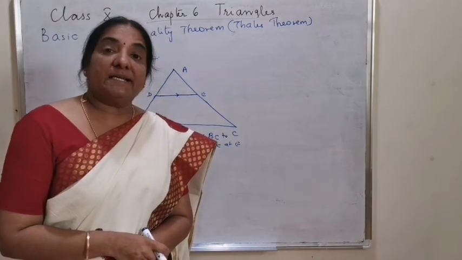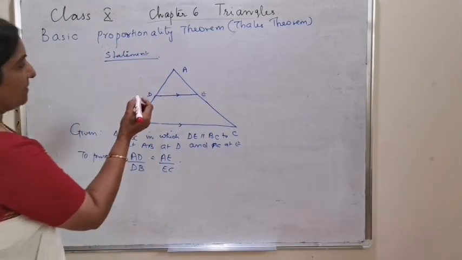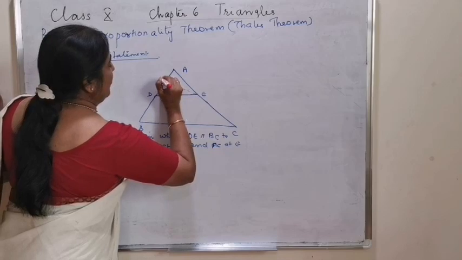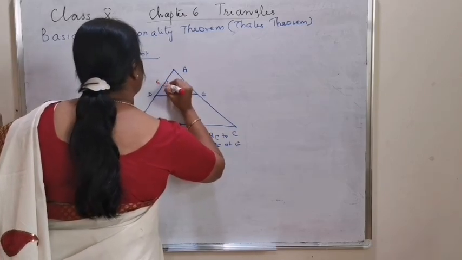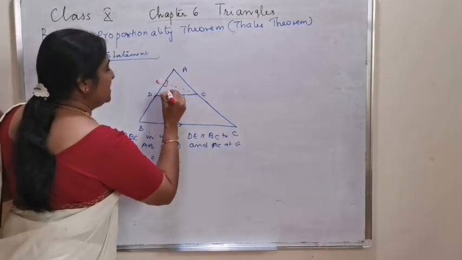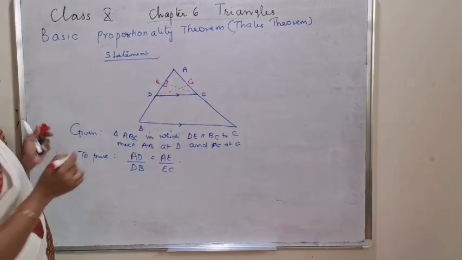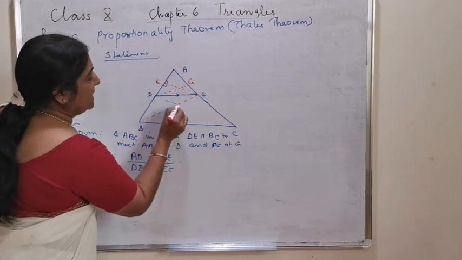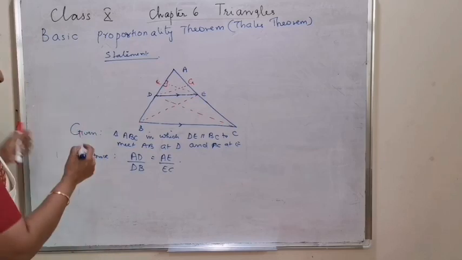Now, the construction is: construct EF perpendicular to AB, DG perpendicular to line EC, and join BE and DC. These are the constructions.